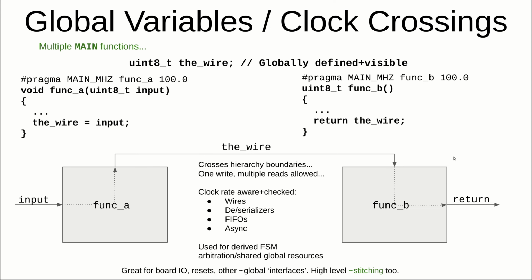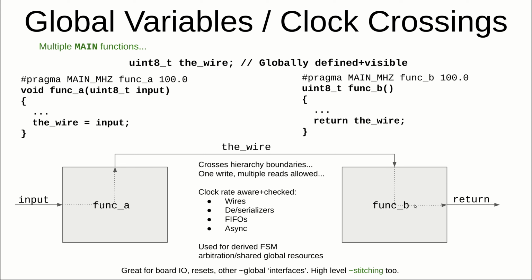And so just to continue here, it's crossing hierarchy boundaries. If you had multiple nested functions inside function A and B, it'll make its way all the way up through multiple functions, out and all the way down into however hierarchy you have. It's doing things like checking that there's only one location that the wire is being written, but you can have multiple sides reading it.